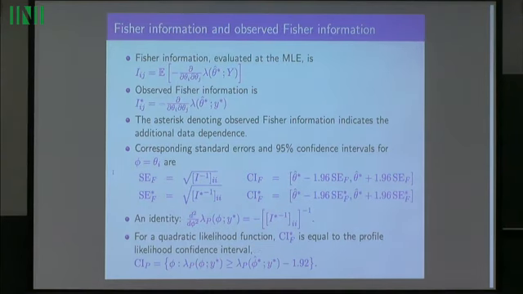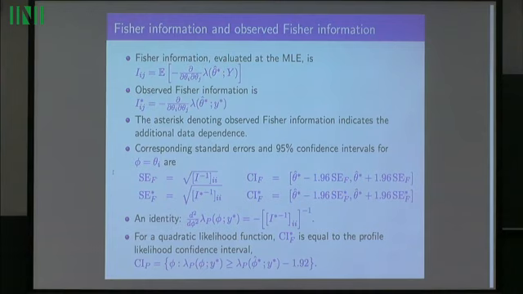Okay, here's some more super classical stuff, just defining the Fisher information and the observed Fisher information. So Fisher information is matrix I, observed Fisher information, I'll put a star there, denoting the additional data dependence. And then we can get standard errors and confidence intervals in the usual way.